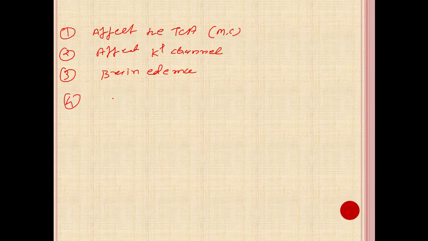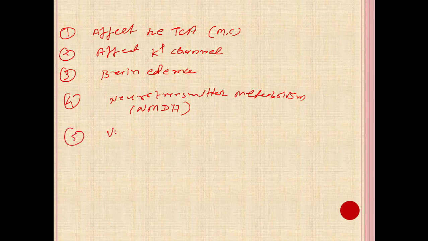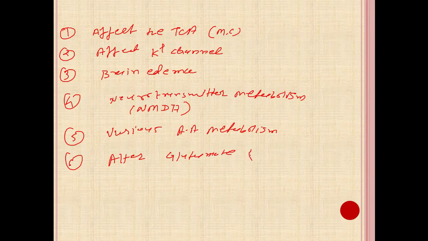Fourth, it affects neurotransmitter metabolism, most commonly the NMDA receptor. Fifth, various other amino acid metabolism is also affected. Sixth, it alters the glutamate level, which is required for GABA production, so it alters the GABA neurotransmitter level also.